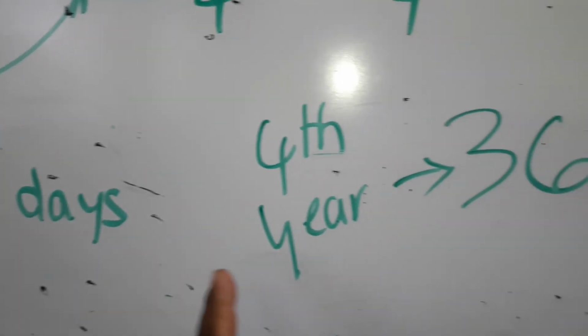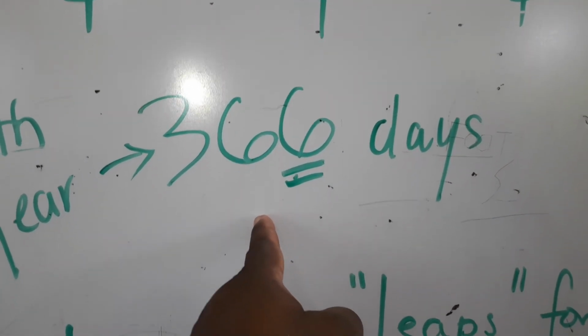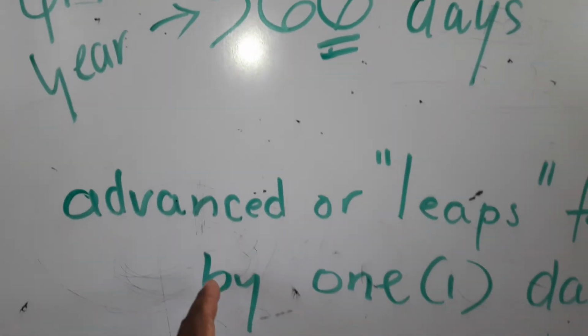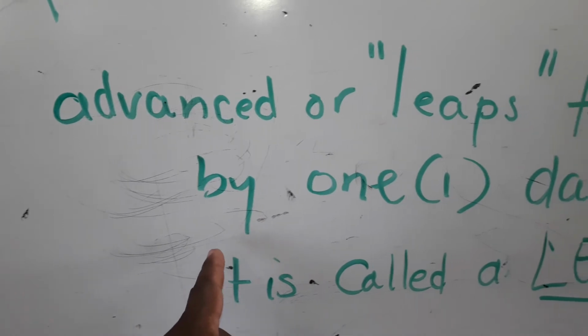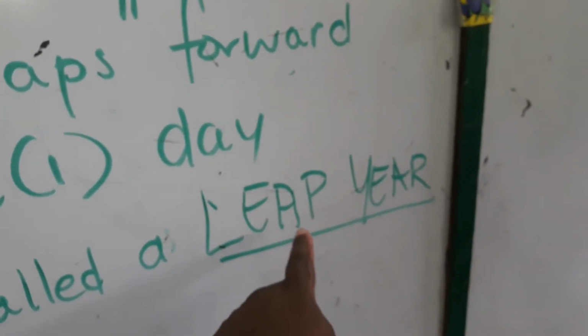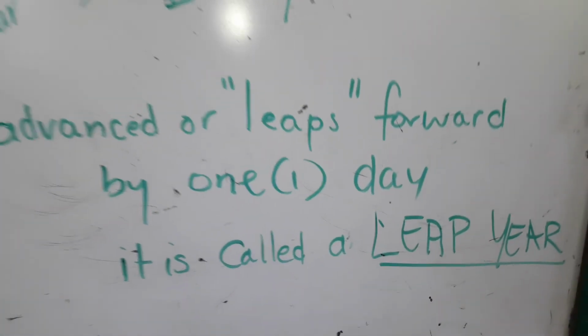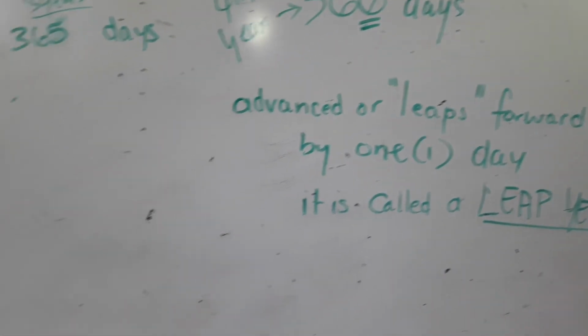And then all of a sudden in this year, the year jumps forward to 366. So the time is advanced or leaps forward by 1 day. That's why it's called a leap year.